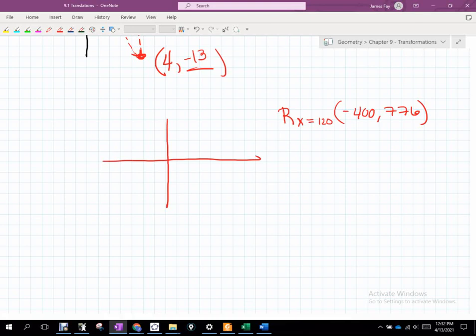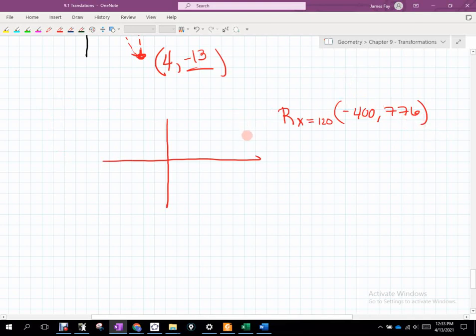You can graph them, but it's going to be very tedious to graph them, right? You don't want to draw out to 120 to draw your vertical line to the right, and then you got to go to -400 and 776 in the x and y directions to find the point. Okay, so let's see if we can draw a picture that's not to scale, but would help us understand how to find this ordered pair.